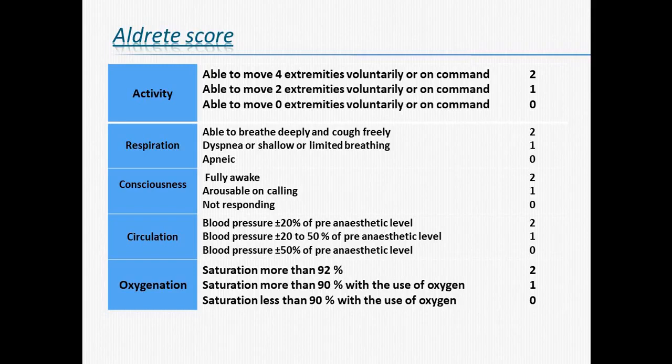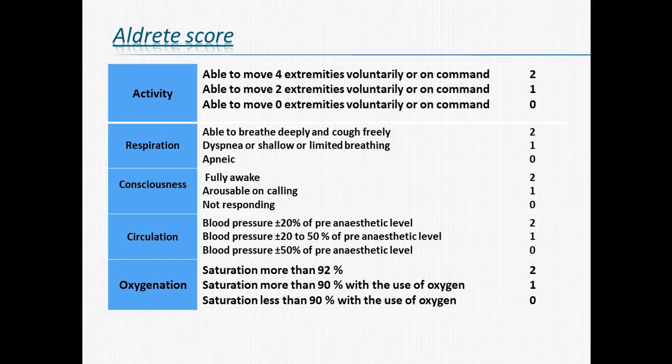About circulation, blood pressure plus or minus 20% of pre-anesthetic level, score is 2. Blood pressure plus or minus 20 to 50% of pre-anesthetic level, score is 1. If blood pressure is plus or minus more than 50% of pre-anesthetic level, score is 0.